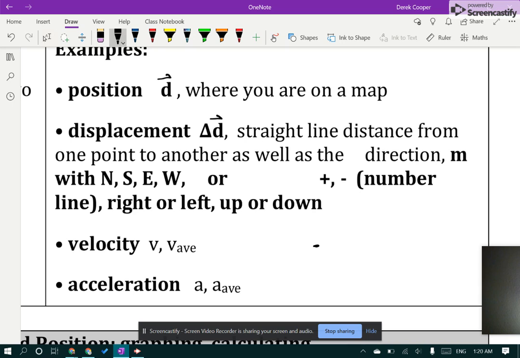So remember, we said if someone started here and worked all the way over here and ended up here, all of this part here would be the distance that it traveled, but the line from one spot to another, as the crow flies, that is our displacement, and it gets a direction as well. So we need to have that direction.